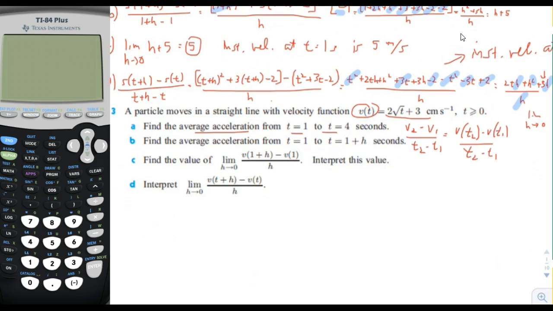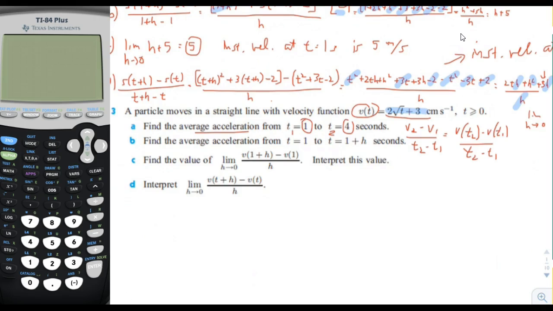What we do know is that the first time is 1 and the second time is 4. So actually this is t1 and this is t2. We could put 1 and 4 into this expression to find out what the numerator is going to be.